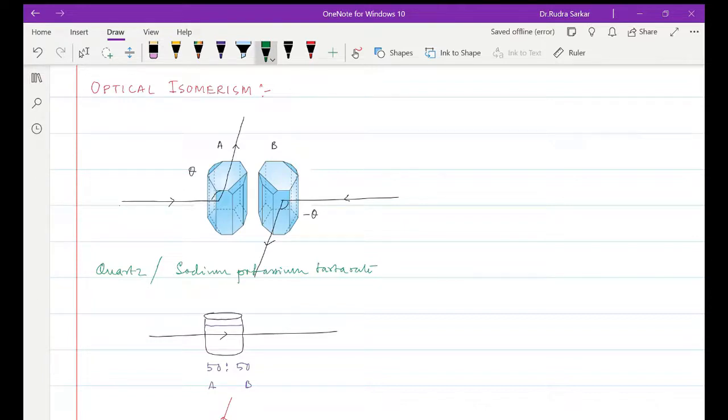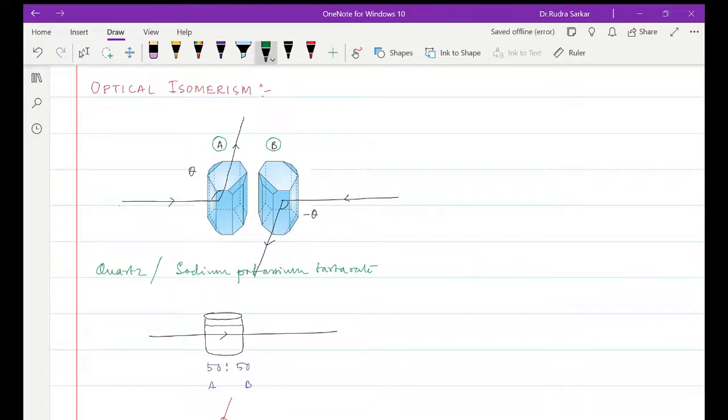Now such crystals, as you can see, look different and are almost like mirror images of each other. I mean A, the crystal form, is a mirror image of crystal form B. So what Louis Pasteur did was he handpicked using forceps the crystal form A and crystal form B and separated them.